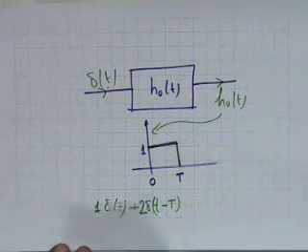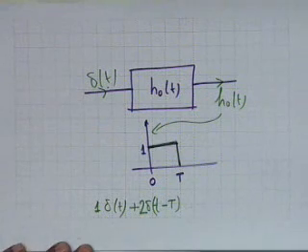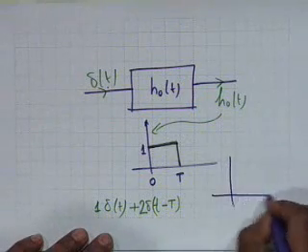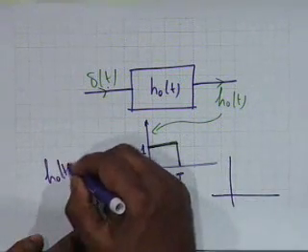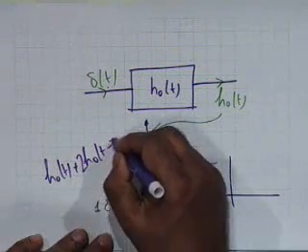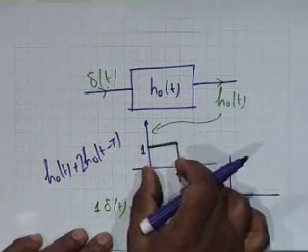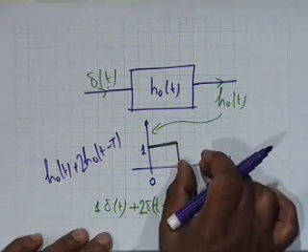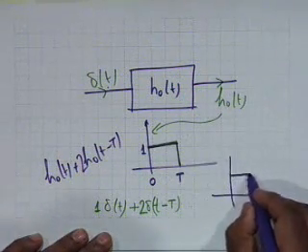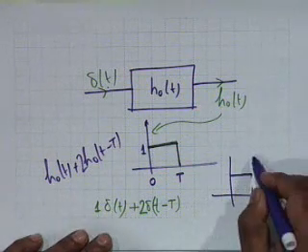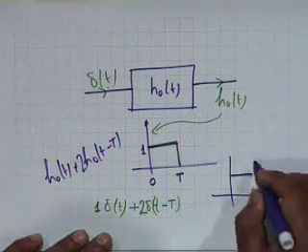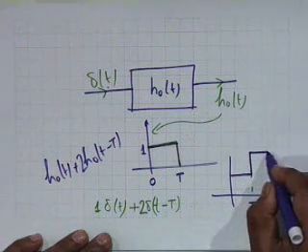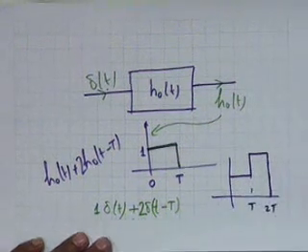Let us say, just arbitrarily, 1 times delta t plus 2 times delta t minus T. Now what will be the response? h naught of t plus 2 times h naught of t minus T, which means that this rectangular block shall be multiplied by 2 and displaced by capital T. So you shall have something like this up to capital T, then at capital T it will go to 2, then it shall remain constant up to 2T, and that is it. This is what will happen.